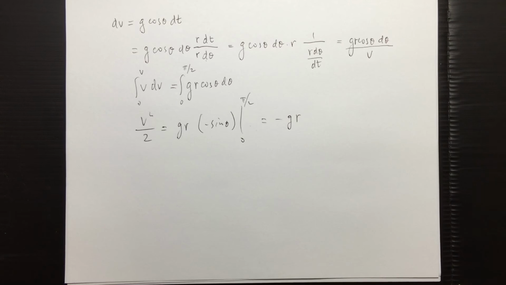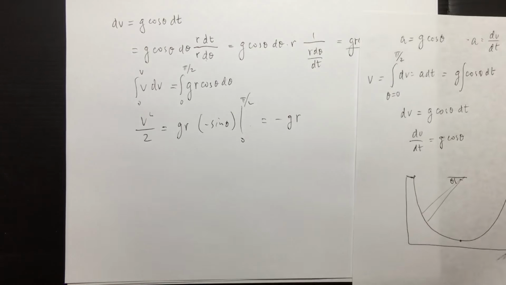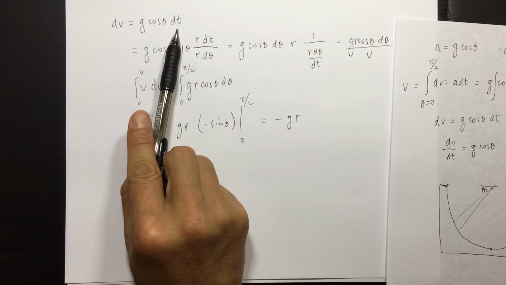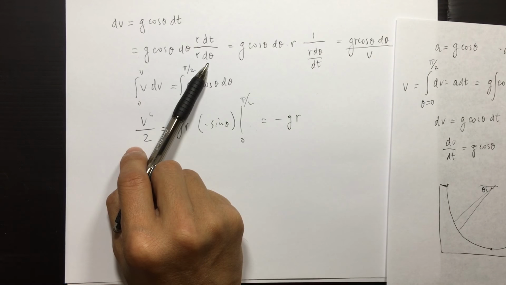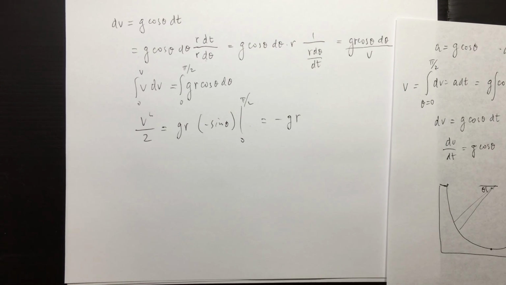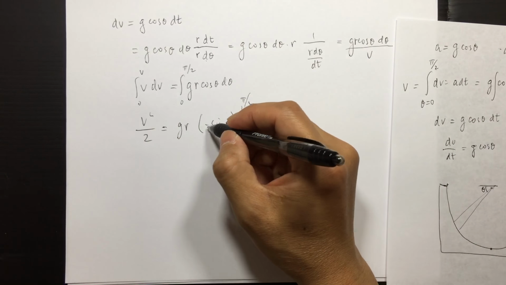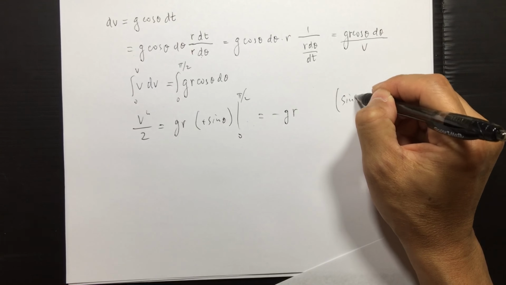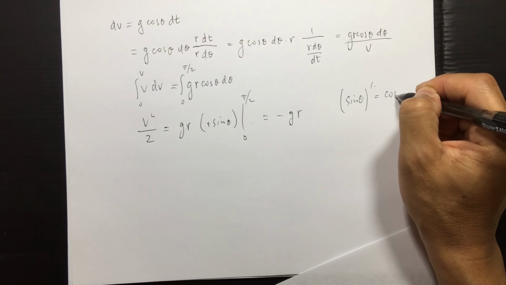The minus sign is a mistake because, let's see, dv is dt, right? Then we do d theta, cosine. No, this is plus sine theta. g equals to cosine theta, right?